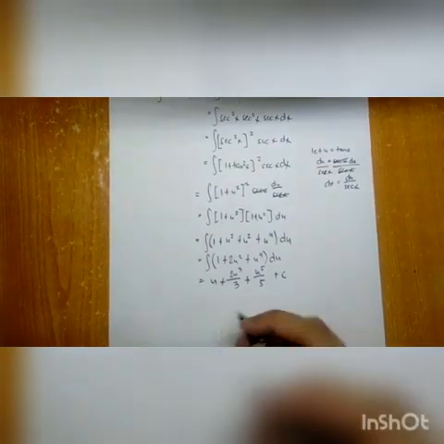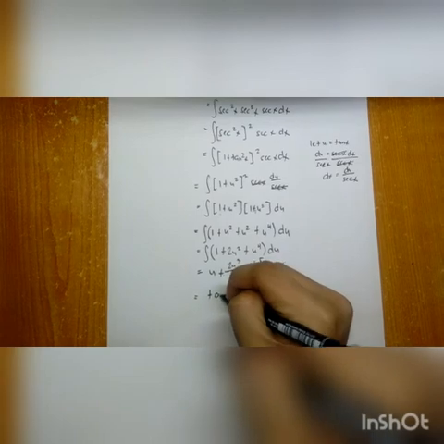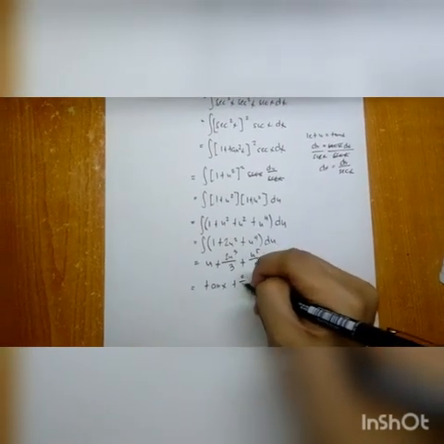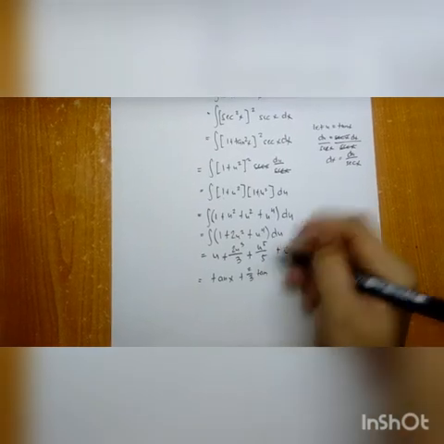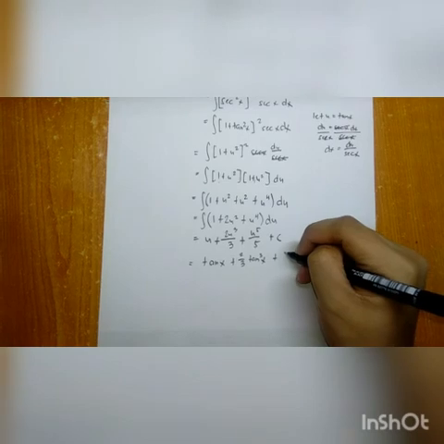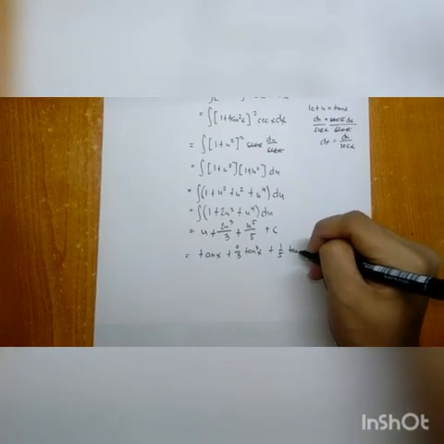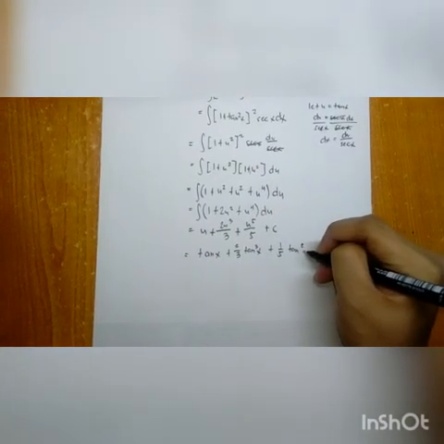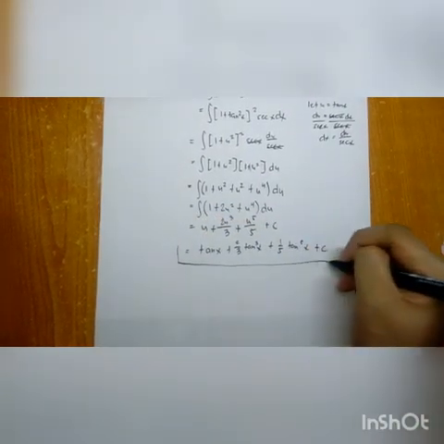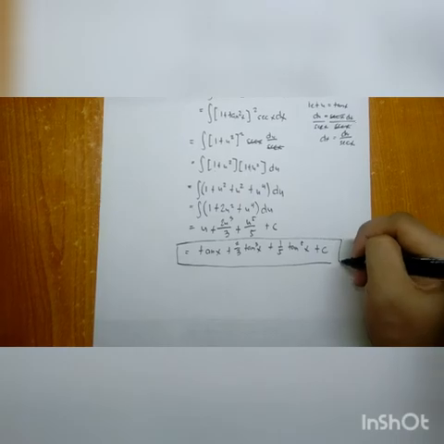So, replacing u, it will become equal to tangent x plus 2/3 tangent cubed x plus 1/5 tangent to the 5th x plus c. This is our answer.